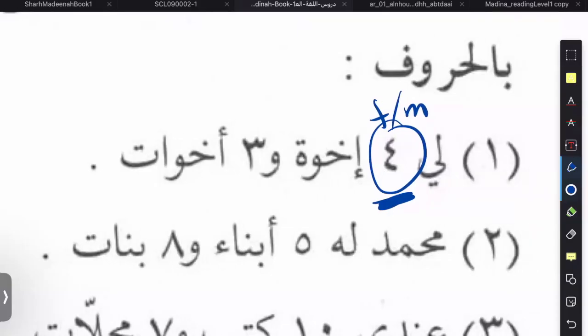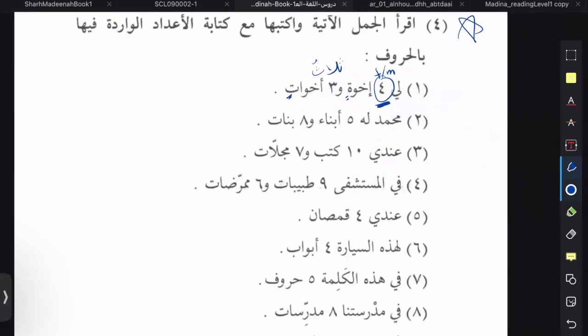I have 4 brothers. Which one do you say, F or M? Female version, yes. So you say لي 4 إخوة وثلاث أخوات. هكذا.